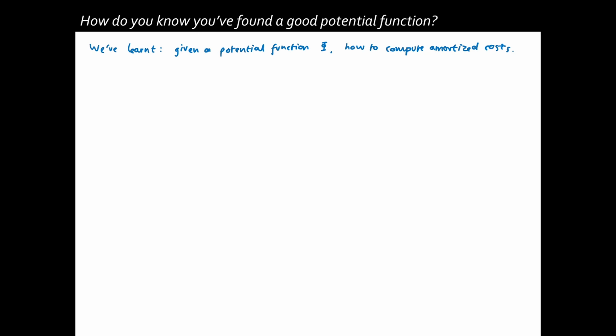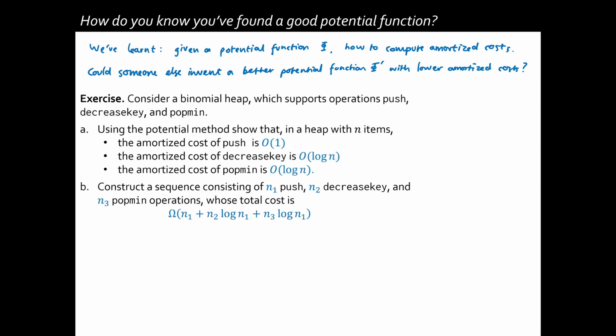In other words, how much effort should we put into trying to improve our potential function so as to end up with lower amortized costs? Here's an example exercise. The exercise says, consider a binomial heap which supports operations push, decrease key, and popmin. The binomial heap we'll study in the next lecture.